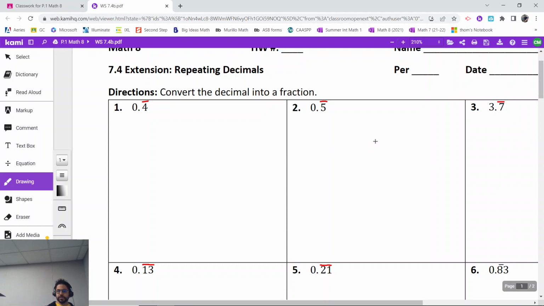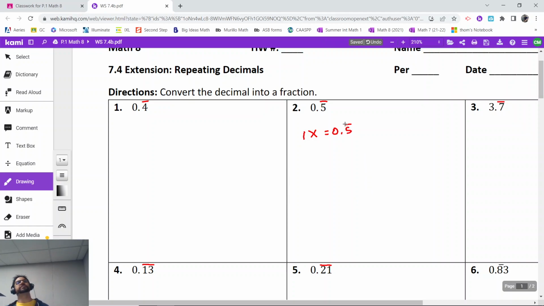We're going to do number 2, which is a nice basic one, like our first example of the 0.3 repeating. If you remember, we're going to go ahead and assign an x to be 0.5 repeating. But essentially, we said it was a 1x.